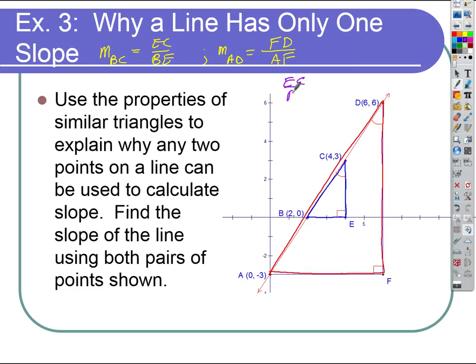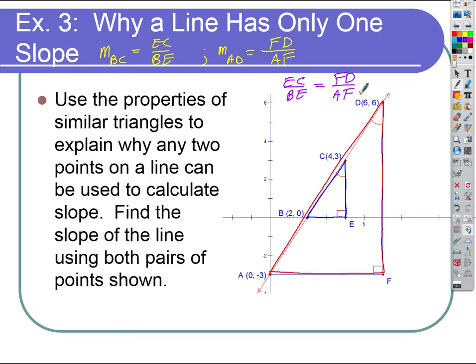EC over BE equals FD over AF, right? But we know already that those, you've already proven to me that the blue triangle and the red triangle are similar, right? Does that make sense?